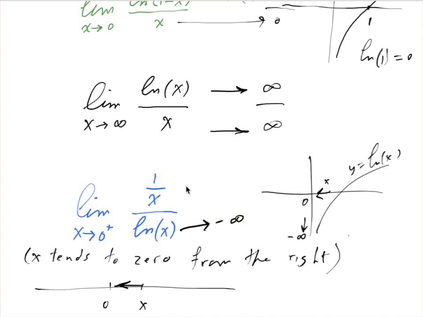In the numerator, 1 over x tends to positive infinity, because as you make x smaller in the denominator, like 0.000001, 1 divided by that would be a very big number. So this keeps getting bigger as you make x smaller. And this is considered infinity over infinity.